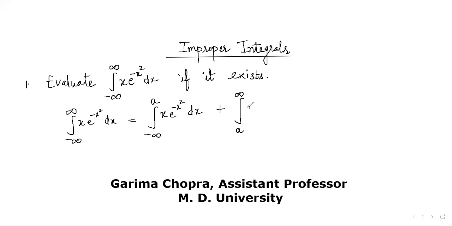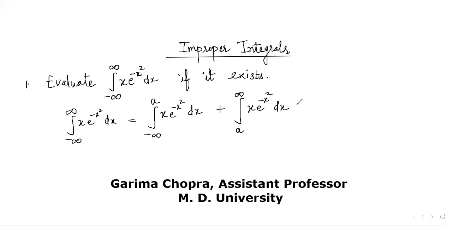This is again an improper integral of first kind. After splitting it into two integrals, both of these integrals are improper integrals of first kind. We will be checking both of these integrals. If these integrals exist, then the integral given in the problem, which is present on the left hand side, will also exist.